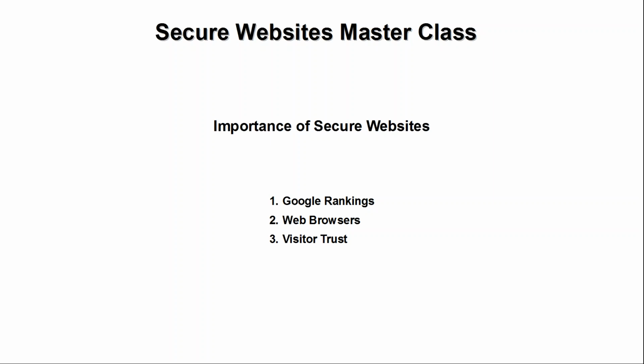Because Google is starting to realize the importance of this for a variety of different reasons, they have begun to impose more of an importance on whether your site can be connected to securely when it comes to their search engine rankings.